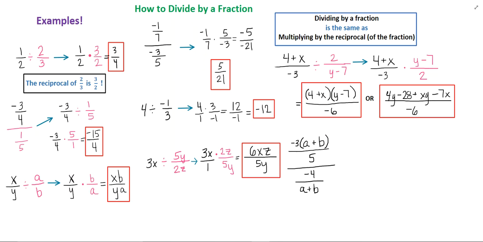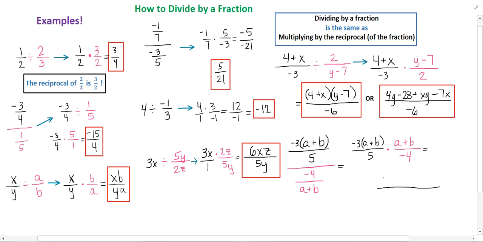So now we'll look at the last problem. And here we're dividing by negative 4 over a plus b. So that means we're going to multiply by a plus b over negative 4. So we're going to multiply across. We have negative 3 times a plus b, and then times a plus b. And on the bottom, 5 times negative 4 is negative 20.